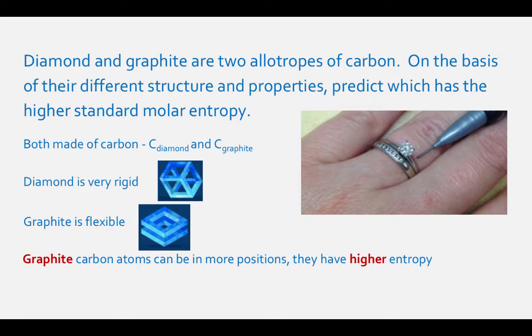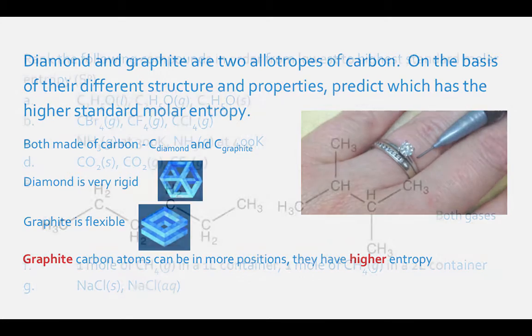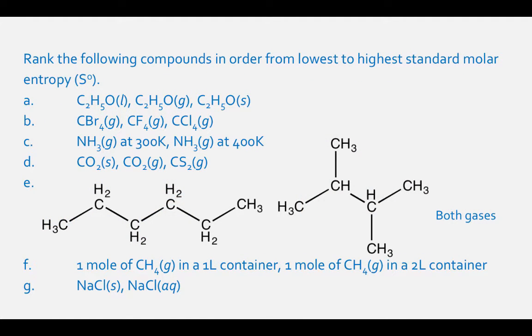Rank the following compounds in order from lowest to highest standard molar entropy, S degree. A. C2H5O liquid, C2H5O gas, C2H5O solid. B. CBr4 gas, CF4 gas, CCl4 gas.